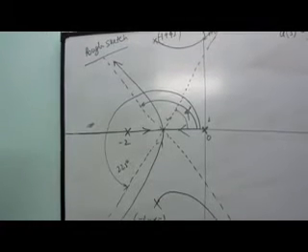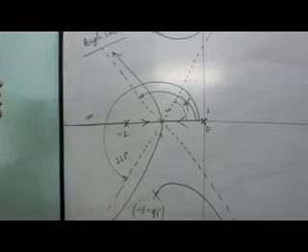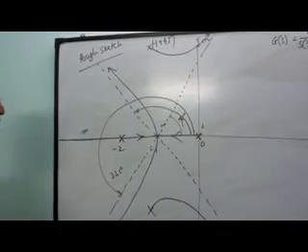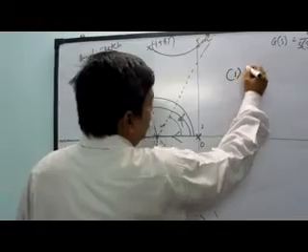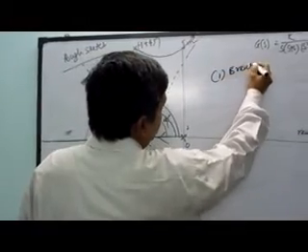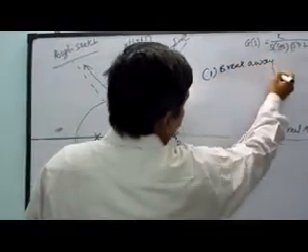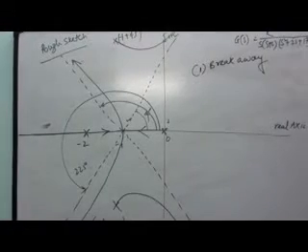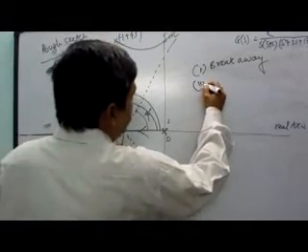Now, what are the parameters that occur in this particular problem? The first parameter is breakaway. The next parameter is imaginary axis cutting point.